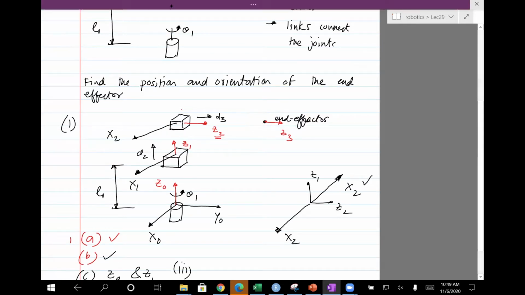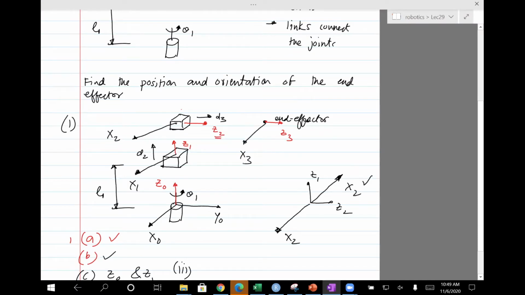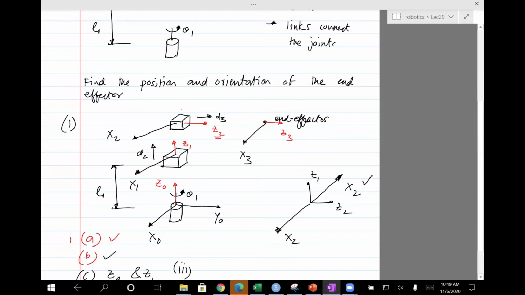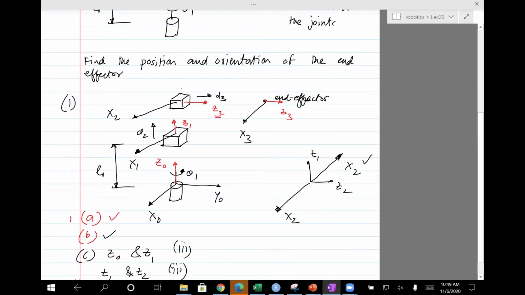I just put x3 to be along this axis, which is again, as I said, arbitrary as long as it's in the plane. And then if you want, you can go back and assign the y-axis.